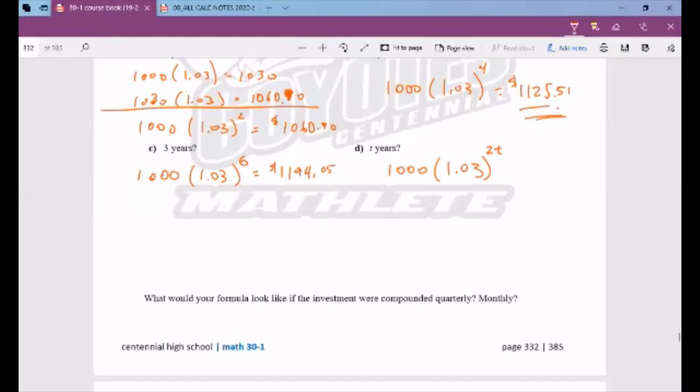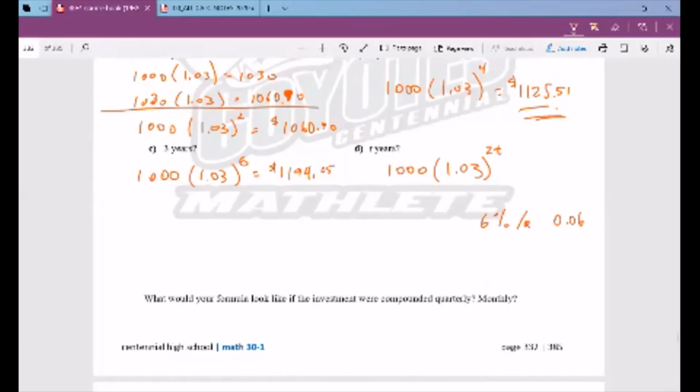Remember that this was 6% per annum, so 0.06, but if we were compounding it twice per year, we ended up with 3% every 6 months.